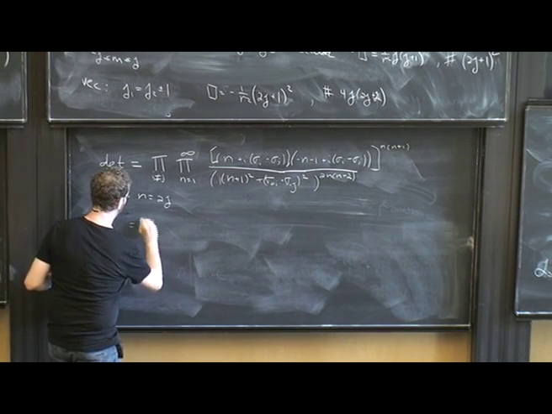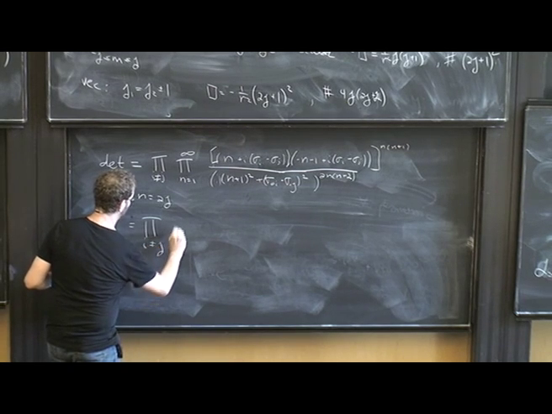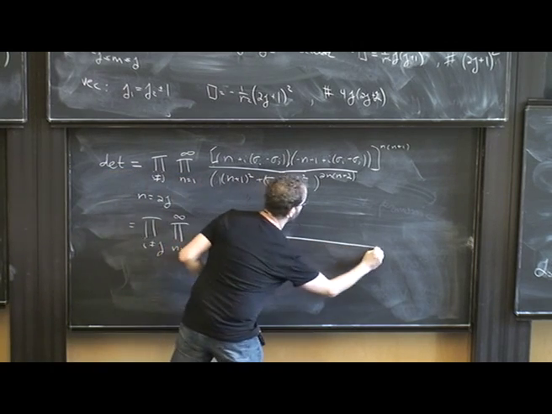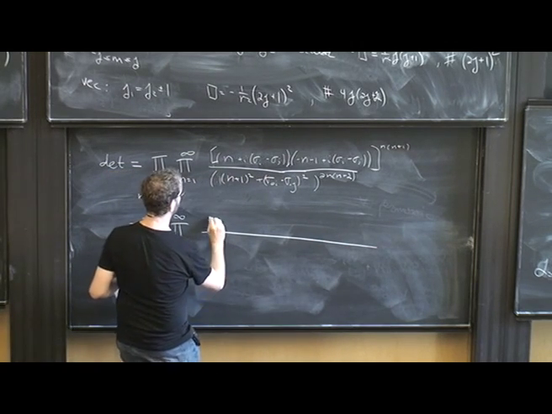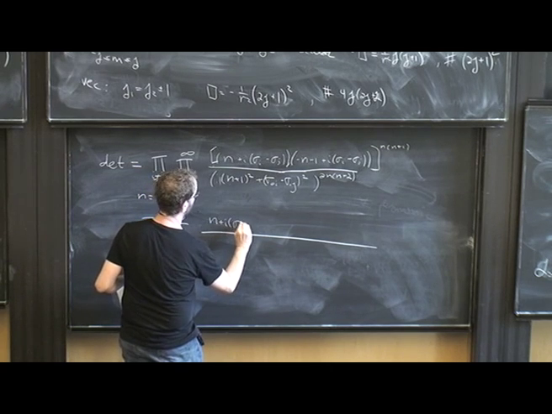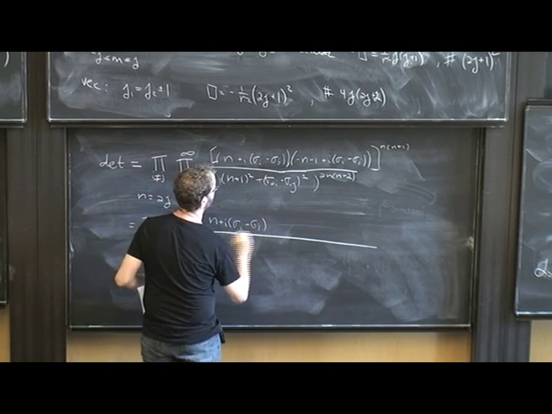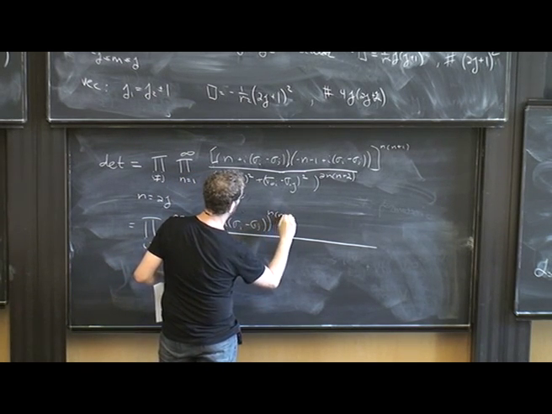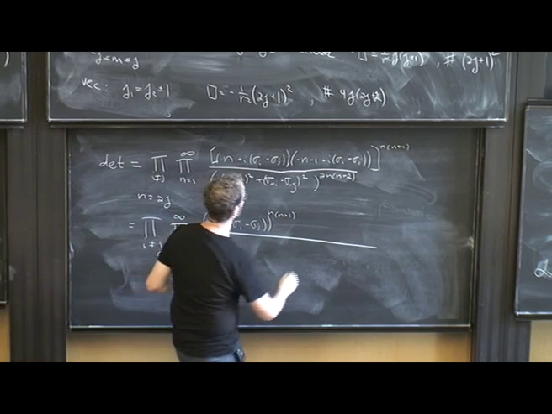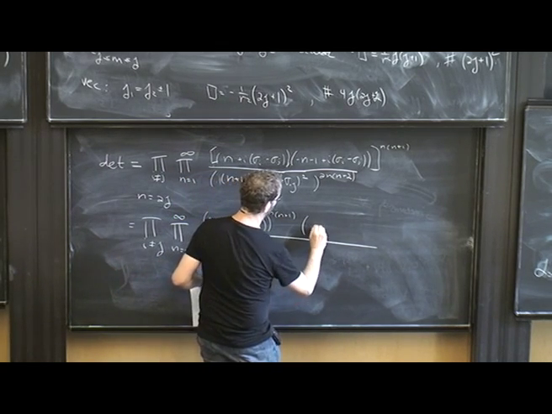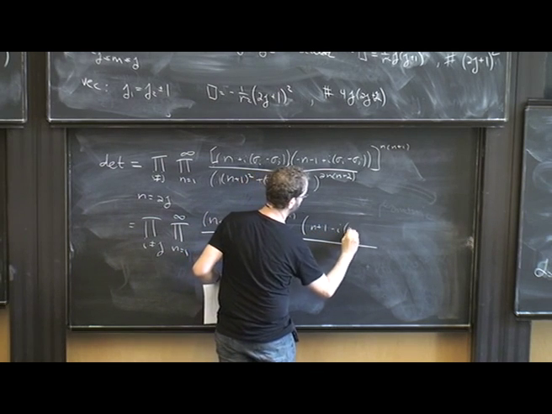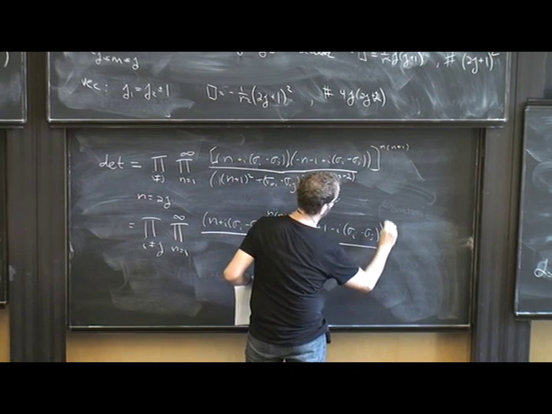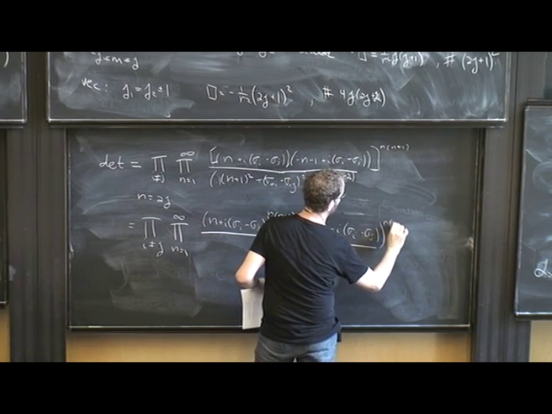So this is equal to the product, i not equal to j, product n equals 1 to infinity. Now I have n plus i sigma i minus sigma j to the n times n plus 1, and n plus 1 minus i sigma i minus sigma j to the n times n plus 1.